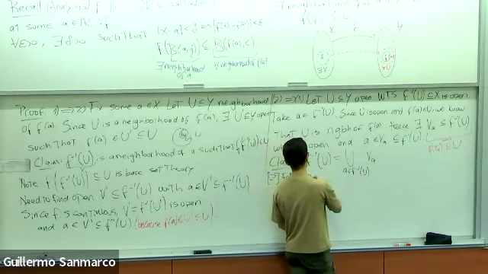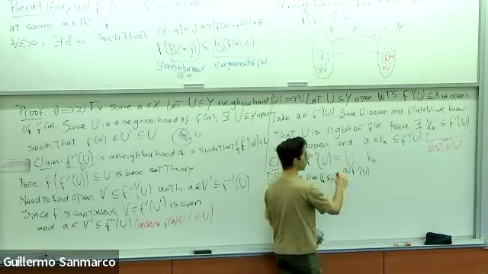This is for free because each V of A is a subset of F inverse of U, and so is the union.